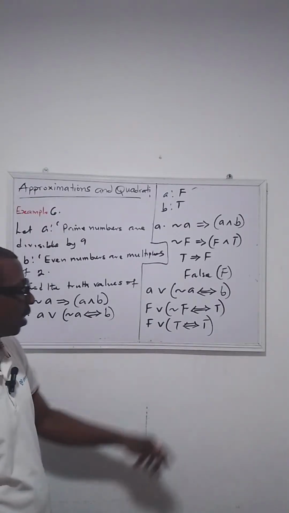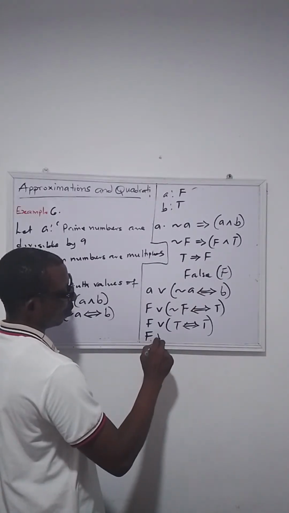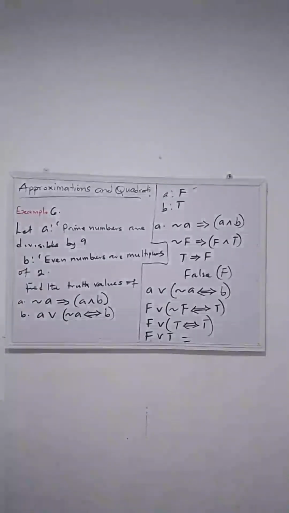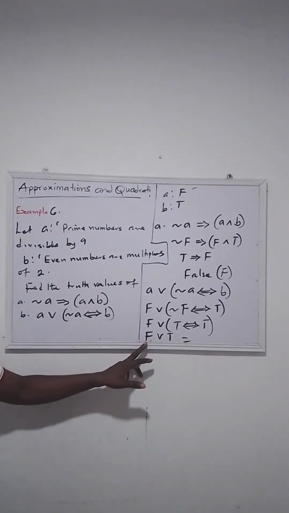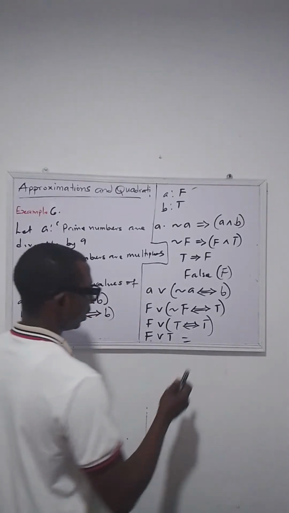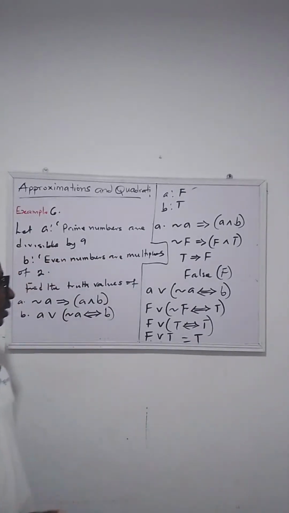So here now we have false or true. That's going to give us true. The word or, once at least one of the statements is true, then the result is true. So in this case, the answer is true. That is the answer to the problem.